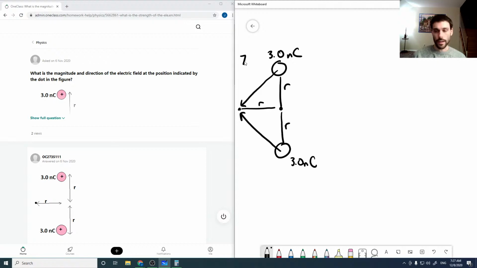So electric field is a vector, so we want to set up an axis system. I'm going to pick my origin here and have x and y. So our electric field is given by 1/4 pi epsilon naught, the charge over the distance squared times r hat, r hat being the unit vector in the direction.